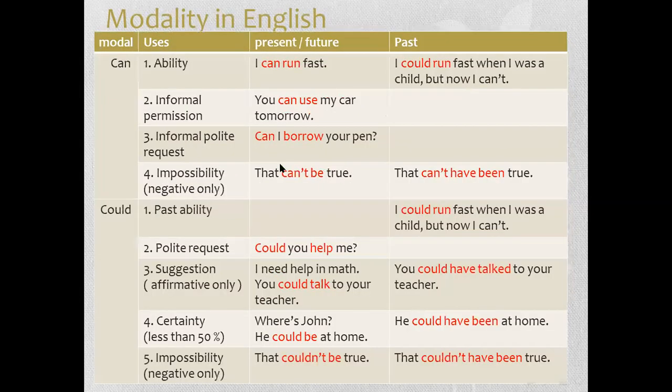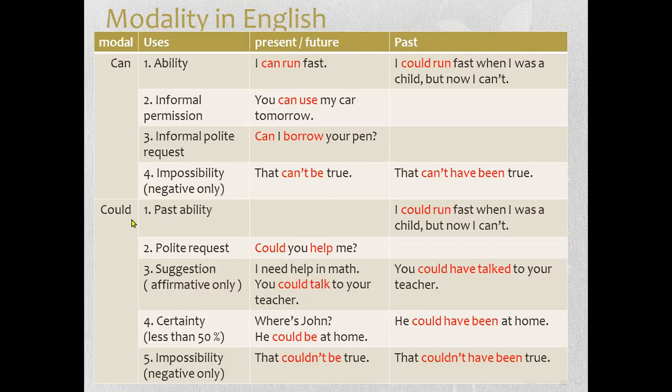And here you can see can and could. They are more complex in use, because they have more than three meanings. We'll see that can is used for ability, informal permission, informal polite request, and impossibility, negative only.